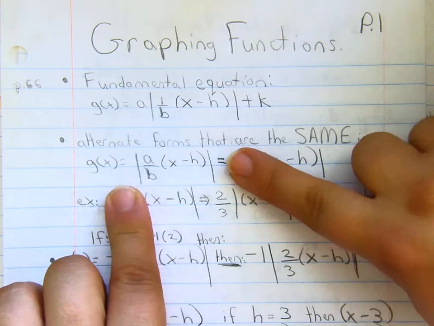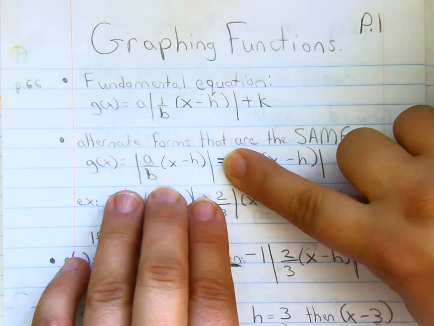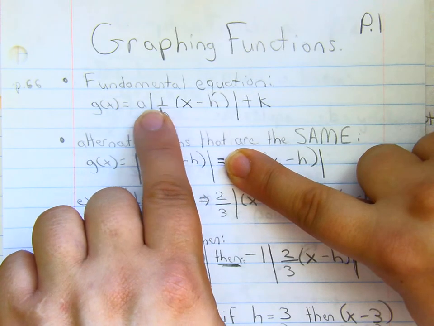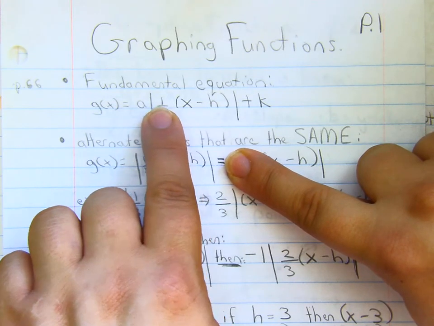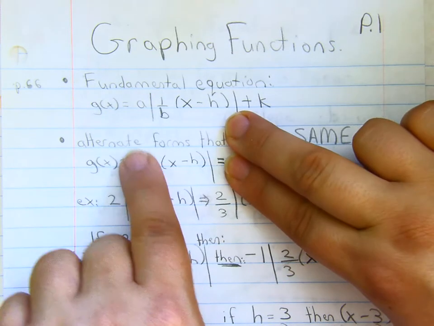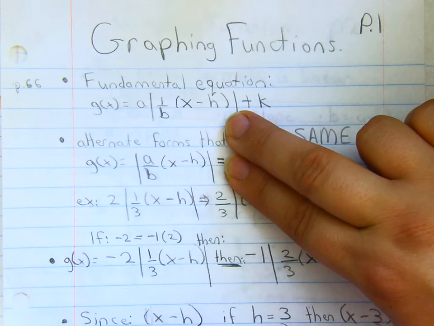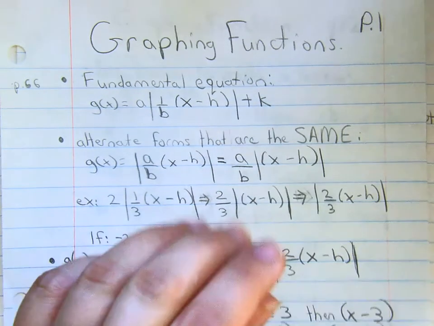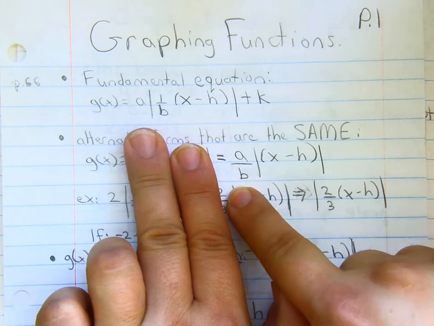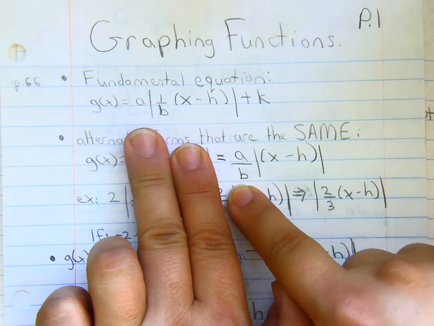So you could see this as g of x equals the absolute value. Notice here that the a is basically times the 1 over b inside the parenthesis, or excuse me, the absolute value, and then that could still have the plus k on the outside. Or you could also see it where it has the b on the outside of the absolute value in the denominator.